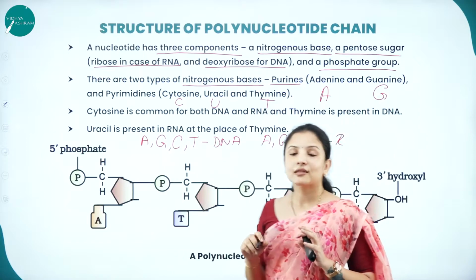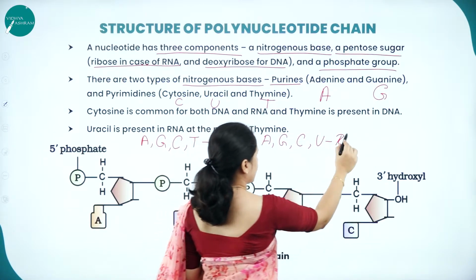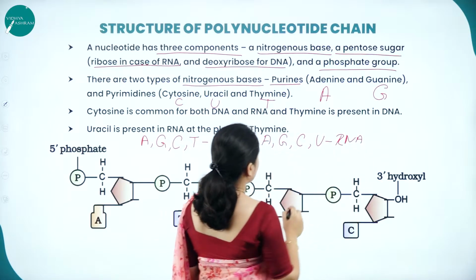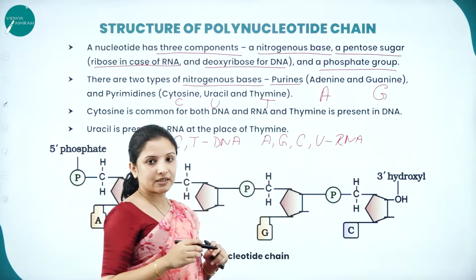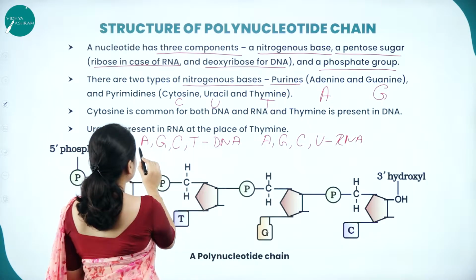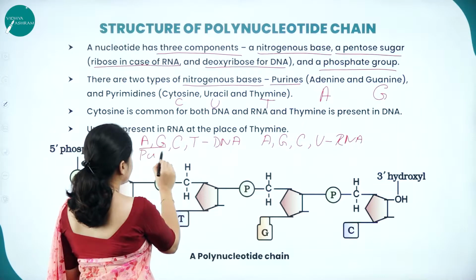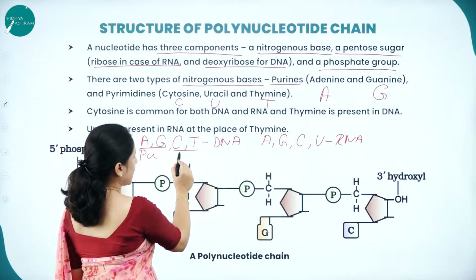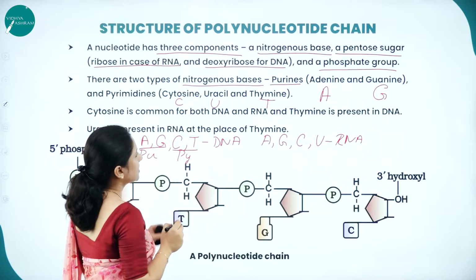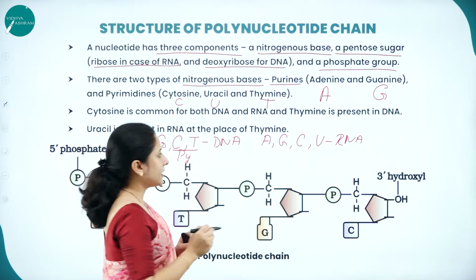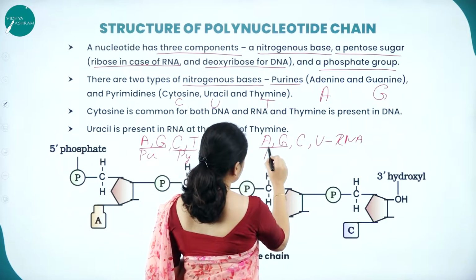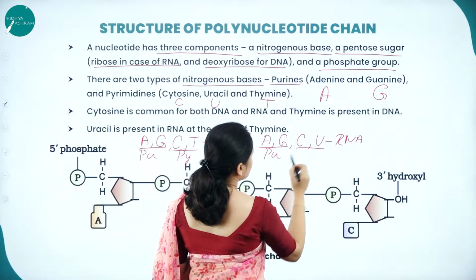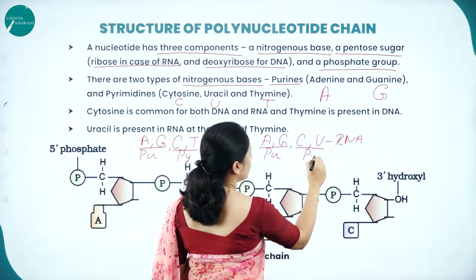There is no thymine in the case of RNA. So, what are the purines present in DNA? Adenine and guanine are the purines. Cytosine and thymine are the pyrimidines. In the case of RNA, adenine and guanine are the purines, cytosine and uracil are the pyrimidines.